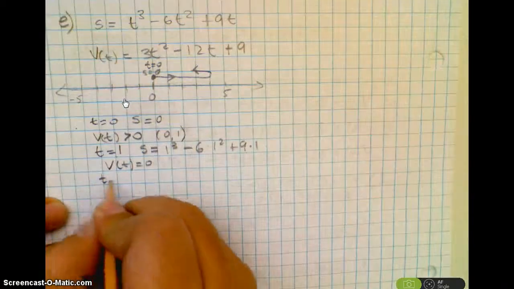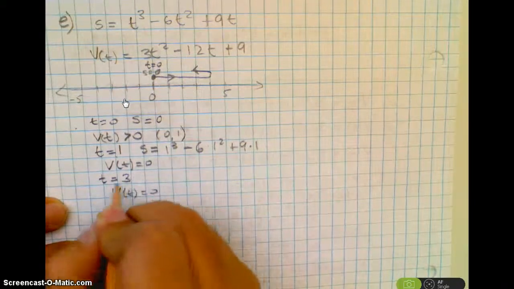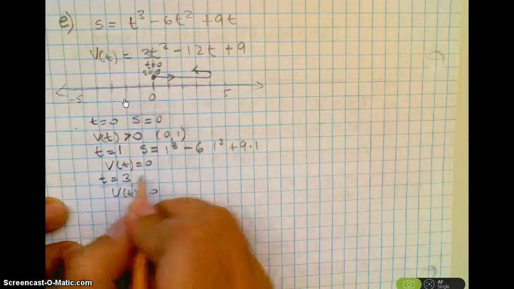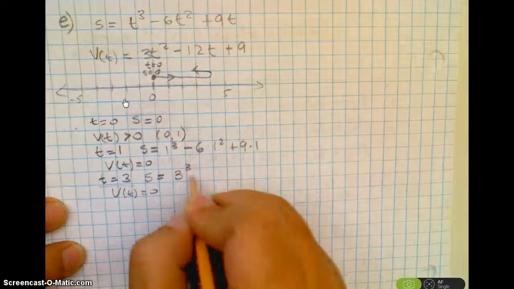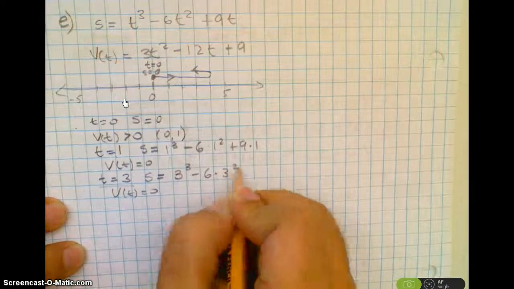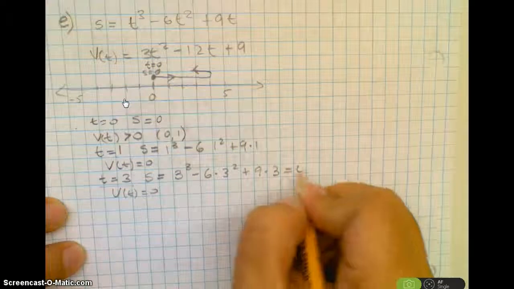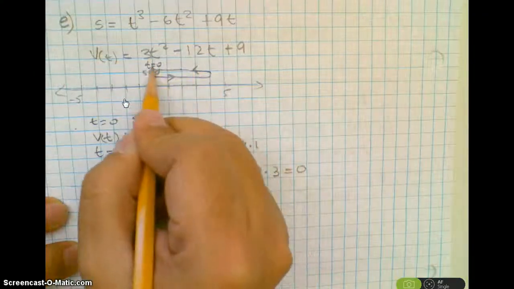You remember that it also had velocity 0 at time 3. So I know that at the 3rd second it's going to stop. But how much is s for that? I have to figure that out. So it's 3 cubed minus 6 times 3 squared plus 9 times 3. And that gives me 0. So that means the particle came back to this position.